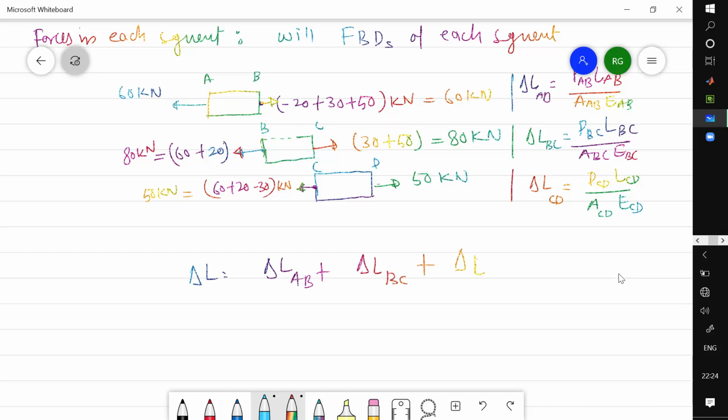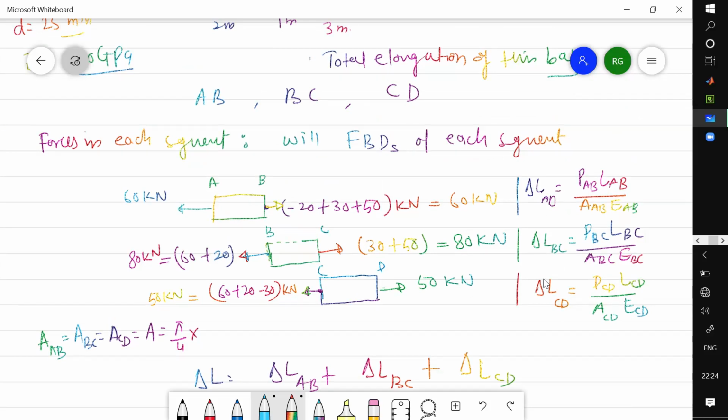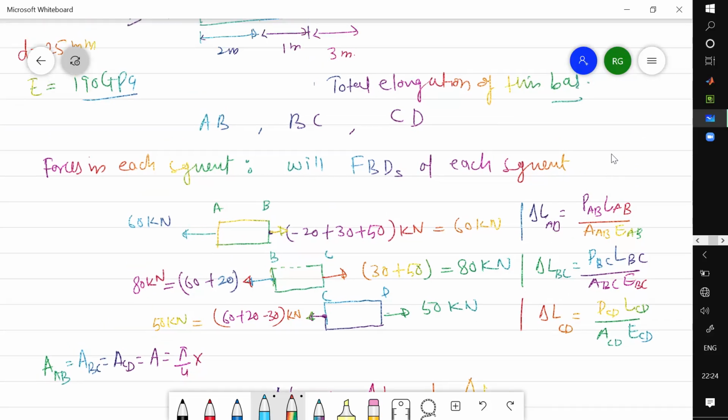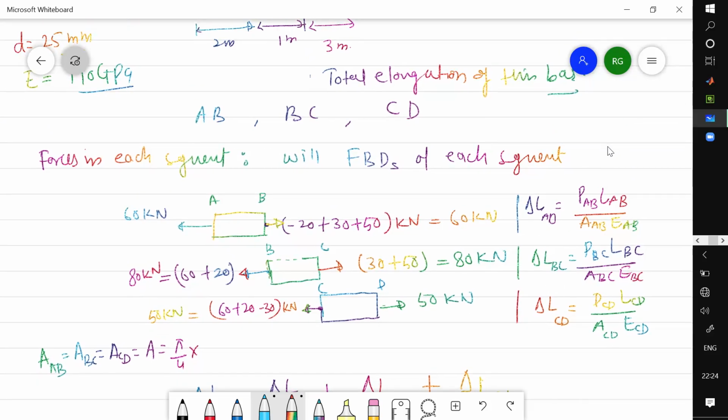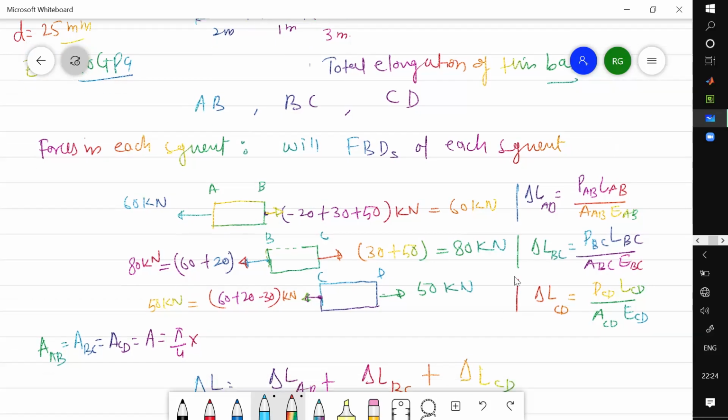From here we know that the cross sectional area of each segment is equal, so we can say A of AB is equal to A of BC is equal to A of CD is equal to A, and that would be pi by 4 multiplied by the diameter, which is given as 25 mm.